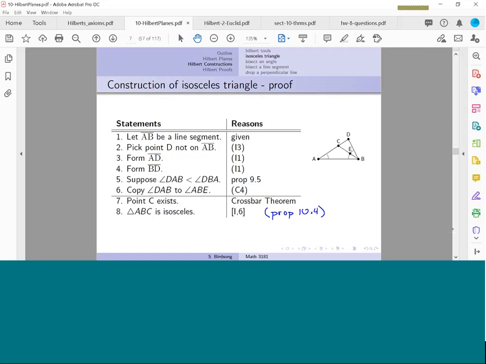I don't normally bother. Proposition 10.4 was the one that said you can use that list of propositions from Book 1 of Euclid. And that's it. That's the reason this works. Notice two things: point C exists by the crossbar theorem, and the triangle is isosceles by the properties of isosceles triangles, or really, the check for isosceles triangles.